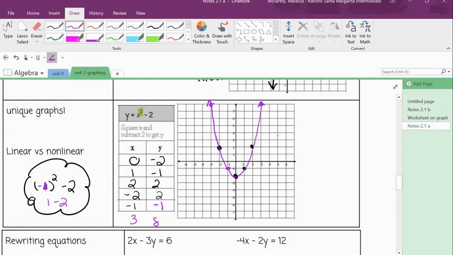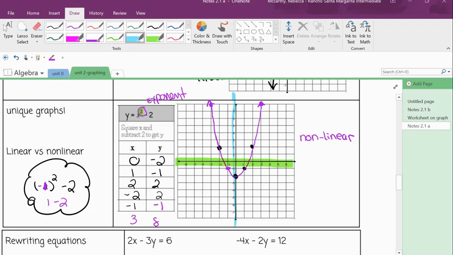This is what we call a parabola. This is something that is non-linear. It curves. Notice it has that squared. Any exponents will give me some kind of curve. It has an x and a y, so I know it will cross my x-axis and it'll cross my y-axis, but it's also non-linear.